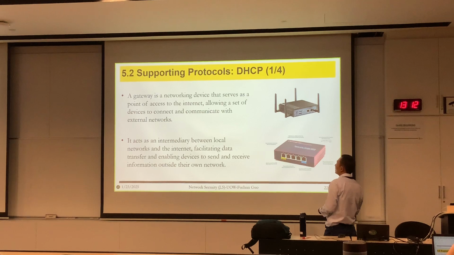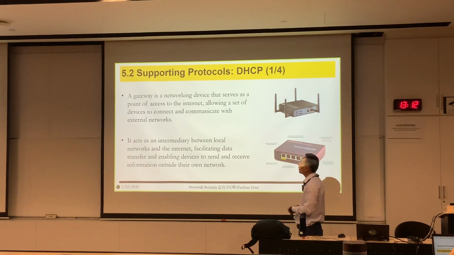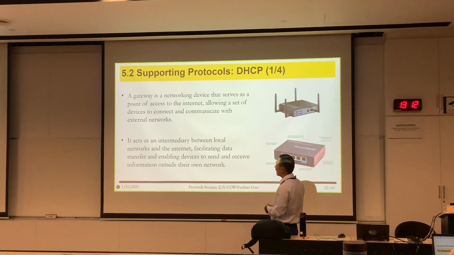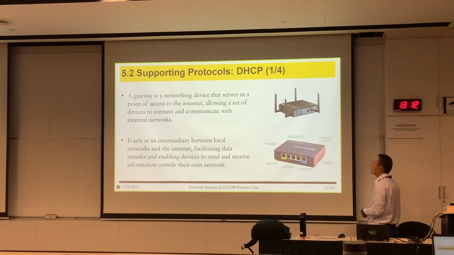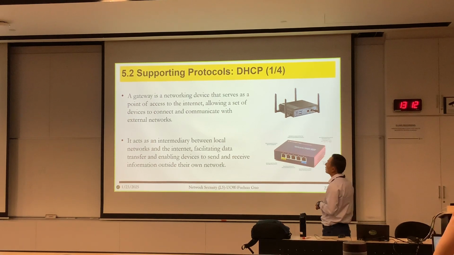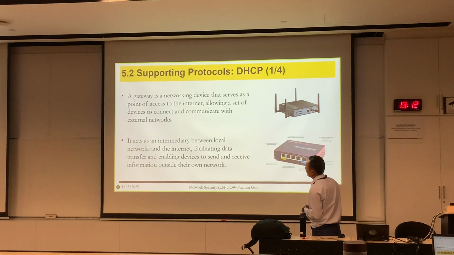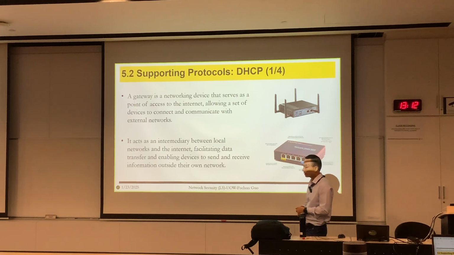The gateway is a networking device that is already connected to the internet, and it helps multiple other devices connect. It serves as a point of access, helping a set of devices communicate with the external network, the worldwide network. That's sometimes called the router at home.